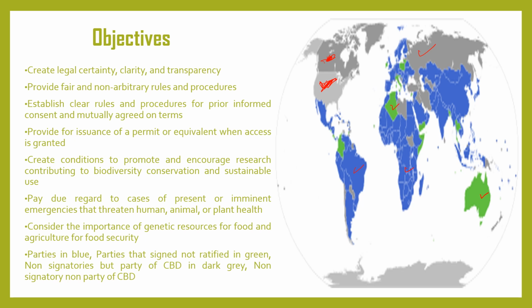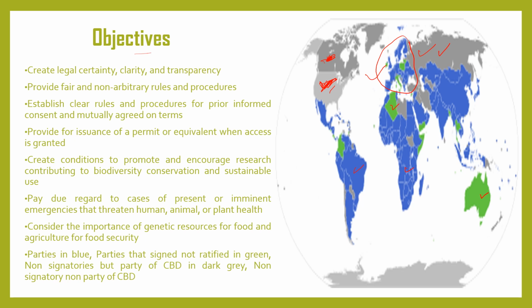So basically, we are not getting these developed countries as a part of the Nagoya Protocol. However, the good thing is that almost all the countries in Europe are signatory members. That is, almost the entire EU are signatory as well as ratified members of this Nagoya Protocol.